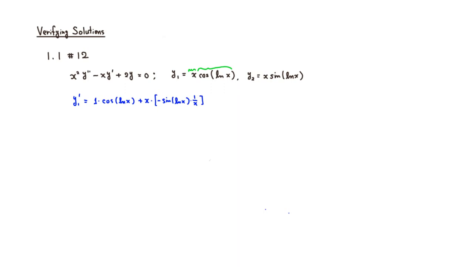We can cancel the x on top with the x on the bottom and clean this up. So you get cosine of natural log of x minus sine of natural log of x.